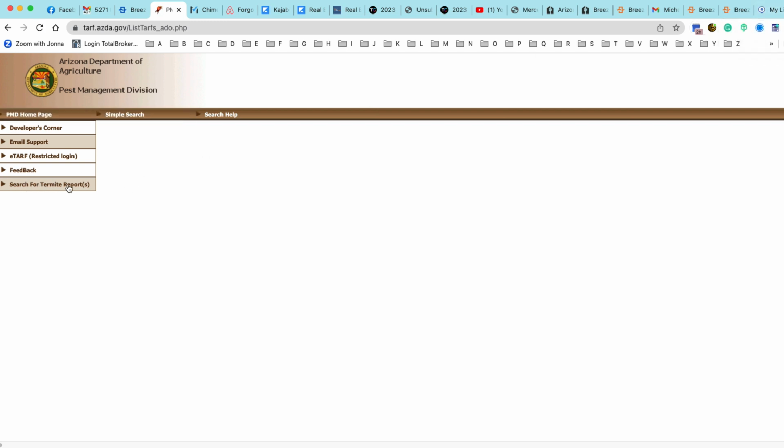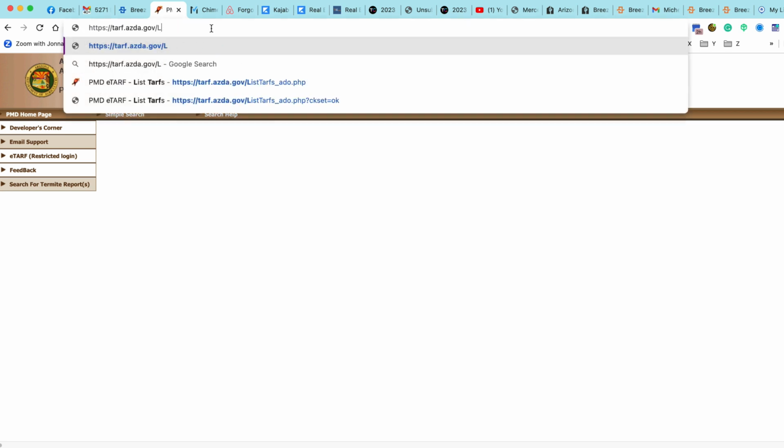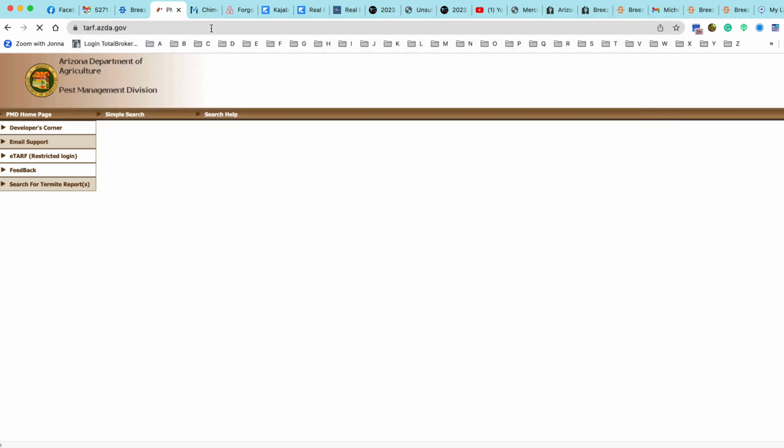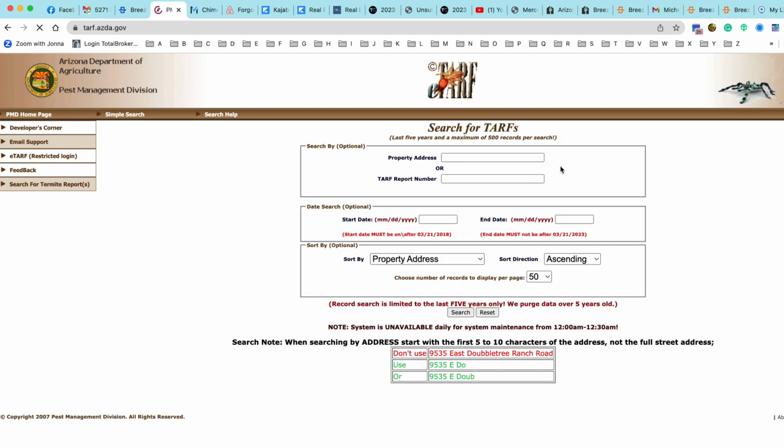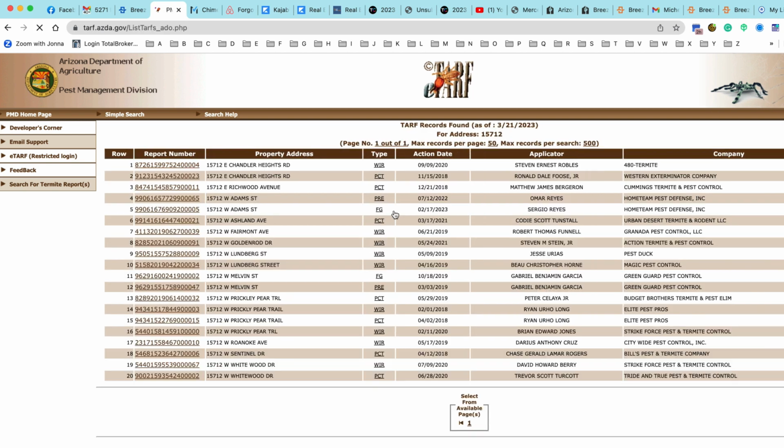And the best way to do this is to only enter the first part of the street number. Why isn't it letting me? Right here. So what I do is I enter 15712, I think. Let's see if that's the right. I might have to look it up.